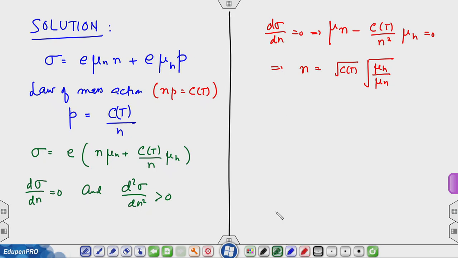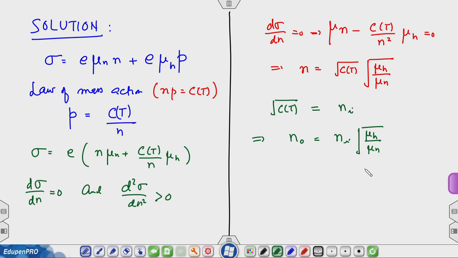Now, square root of C(T) from the law of mass action is Ni, and therefore, n0, the one that gives you minimum conductivity, is Ni square root of mu_h over mu_n.